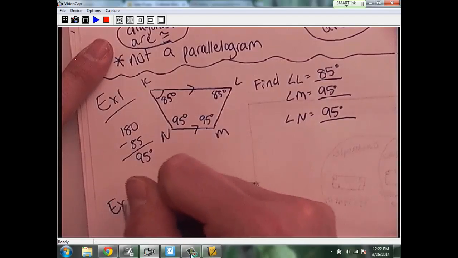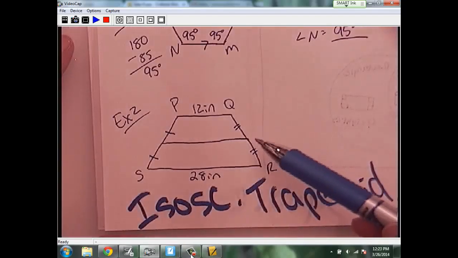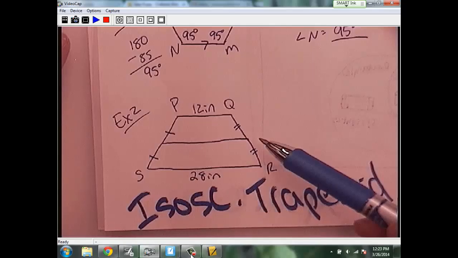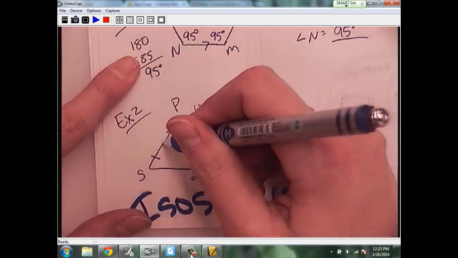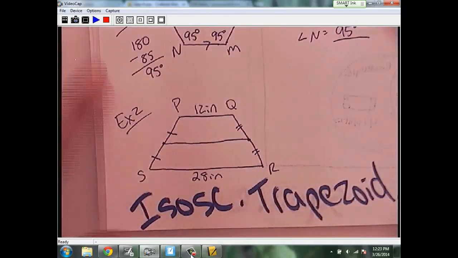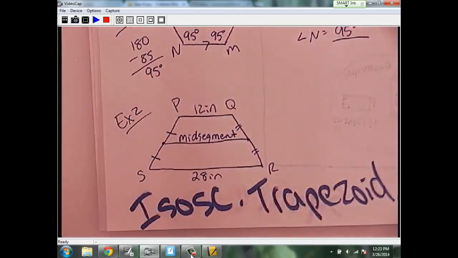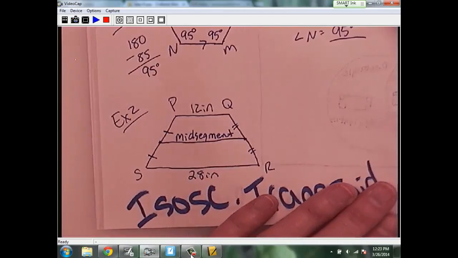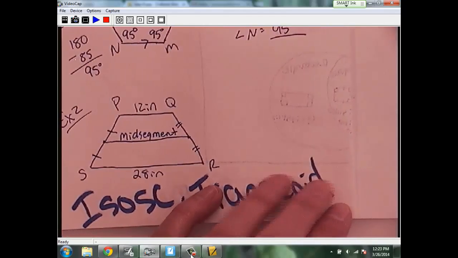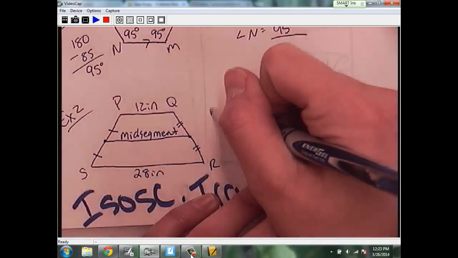Example 2. What is this line in the middle called? Oh, this is a midpoint, and this is a midpoint, and when we draw the midpoints of the sides and connect them, we say that is a mid-segment. Yes, it's a mid-segment. And here's a formula of how we find the mid-segment, and then I'll show you a different way.